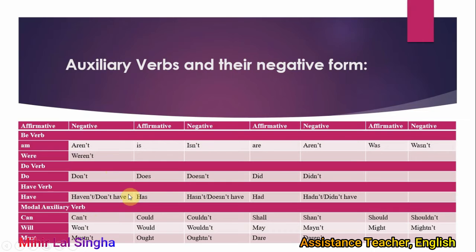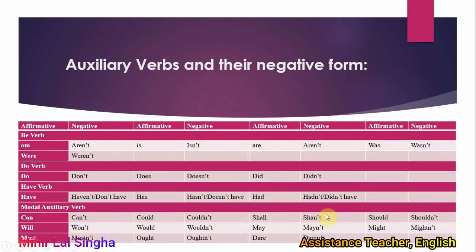And here, have, haven't, don't have; has, hasn't, doesn't have; had, hadn't, didn't have. So we get two forms for each of have, has, had. Why is that? We'll talk about it later on. Okay. And later, shall, shan't, will, won't.